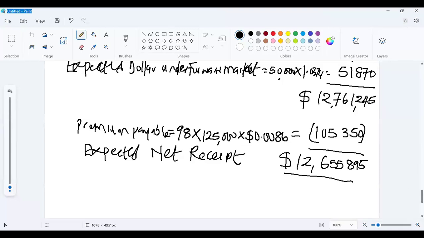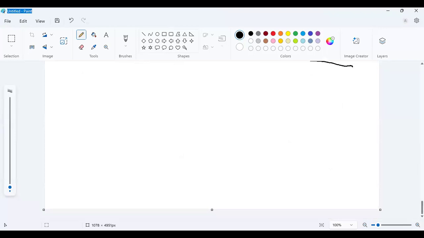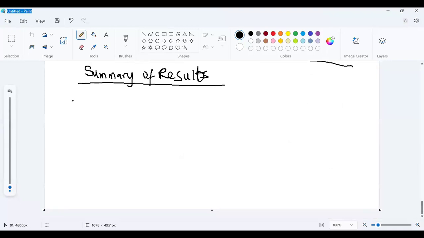So if you want to do a summary of results, because we are talking of receipts: we have forward market or forward contracts.